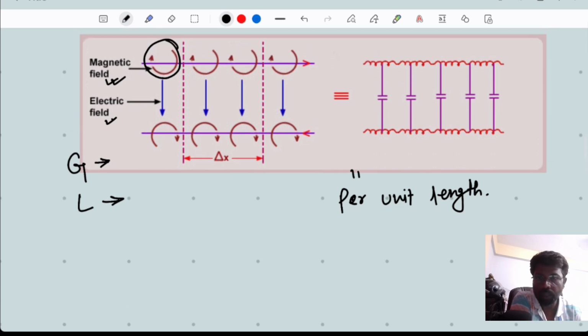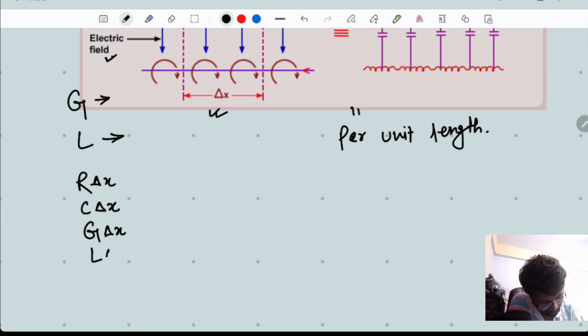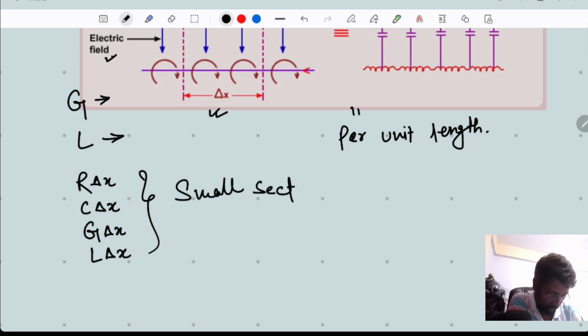So for delta x length, if we consider a very small length of transmission line, that is delta x, for delta x length, the impedance elements are R delta x, C delta x, G delta x, and L delta x for a small section of transmission line.